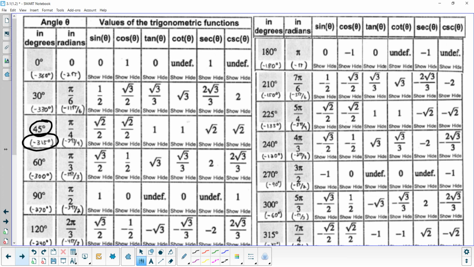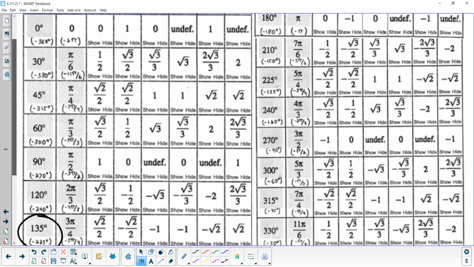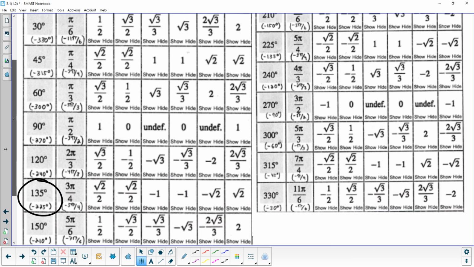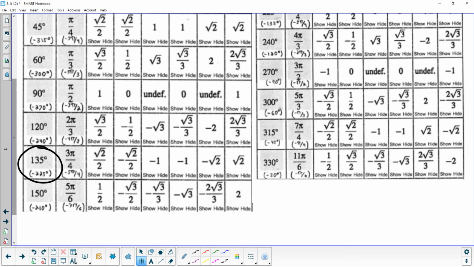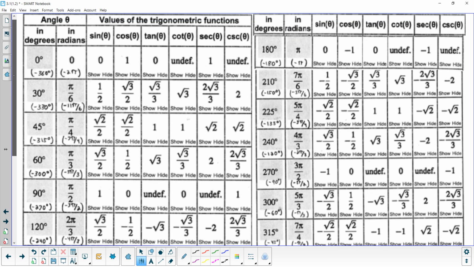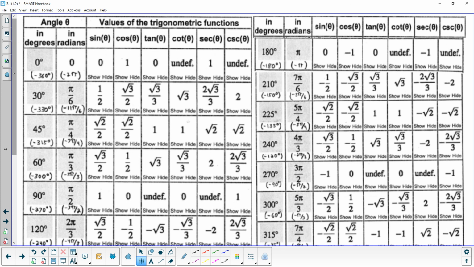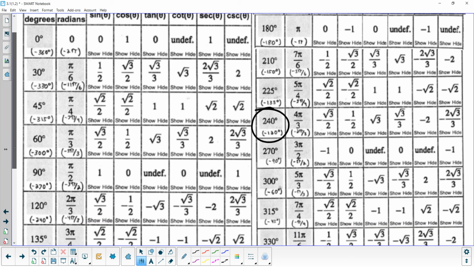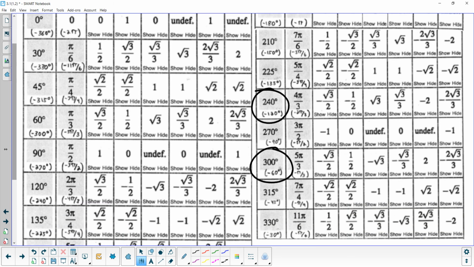All right, so let's go down the column till we see negative root 3 over 2. Okay, I'm looking down. I don't see it anywhere on the first page. So let's go look at the second page. I see it right there, negative root 3 over 2. And then I see it again right there.